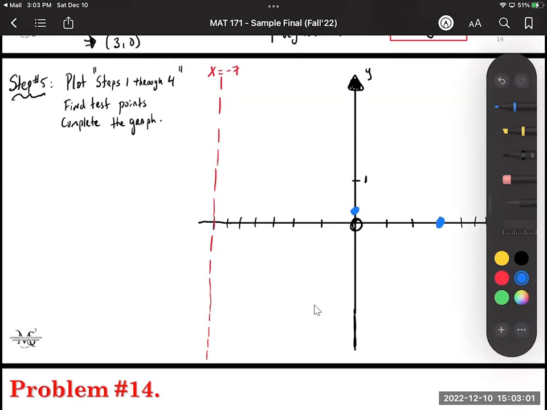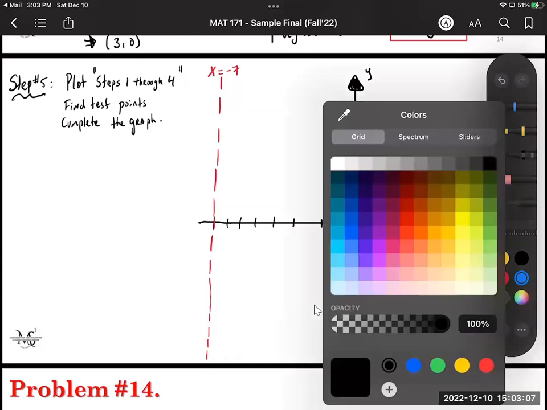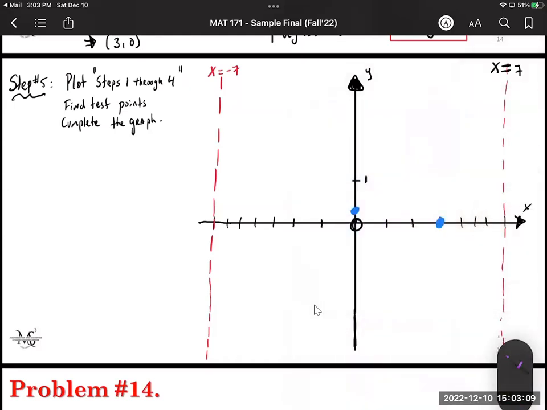Now I plot the horizontal asymptote. The horizontal asymptote is going to be the line y equals 0. If I want to plot y equals 0, that's specifically drawing a line directly on top of the x-axis, which is shown here in purple.